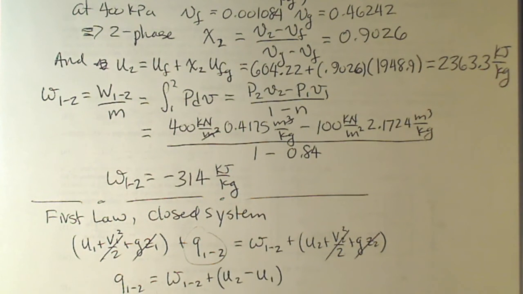And I think we have everything that we need to perform this calculation. We found the intensive properties, internal energies 1 and 2, based on the state coordinates that we identified earlier. And so with this information, we can put the work done is minus 314 kilojoules per kilogram, with the minus indicating that it's work done on the system, not by the system.